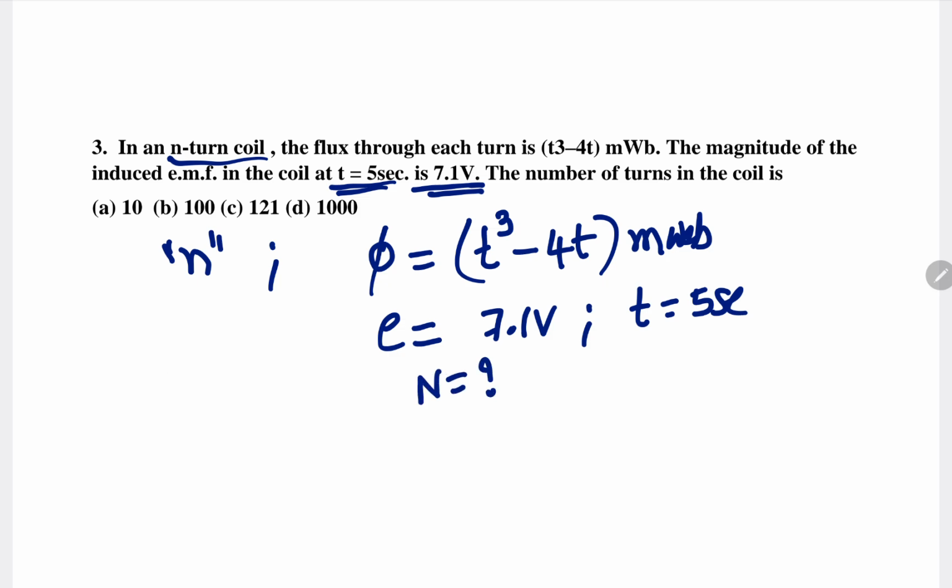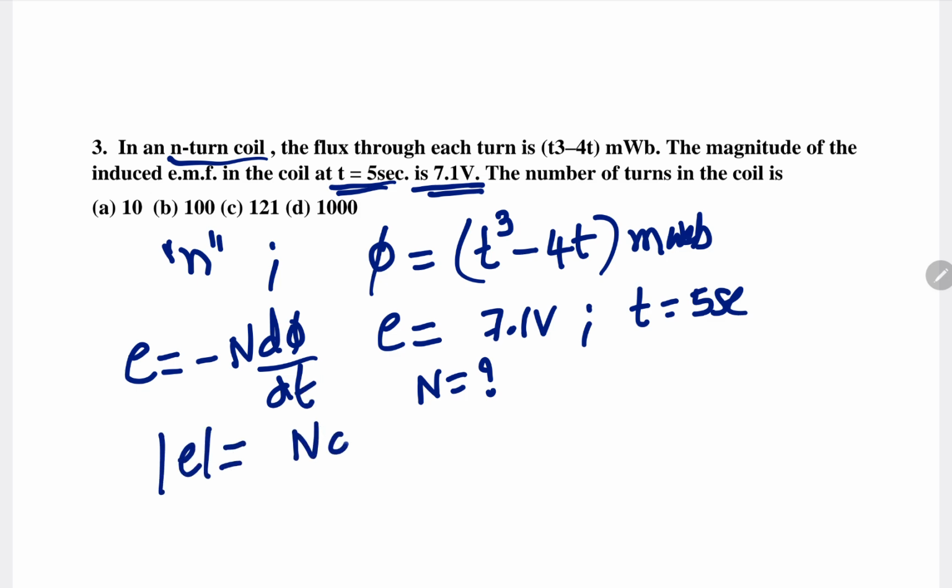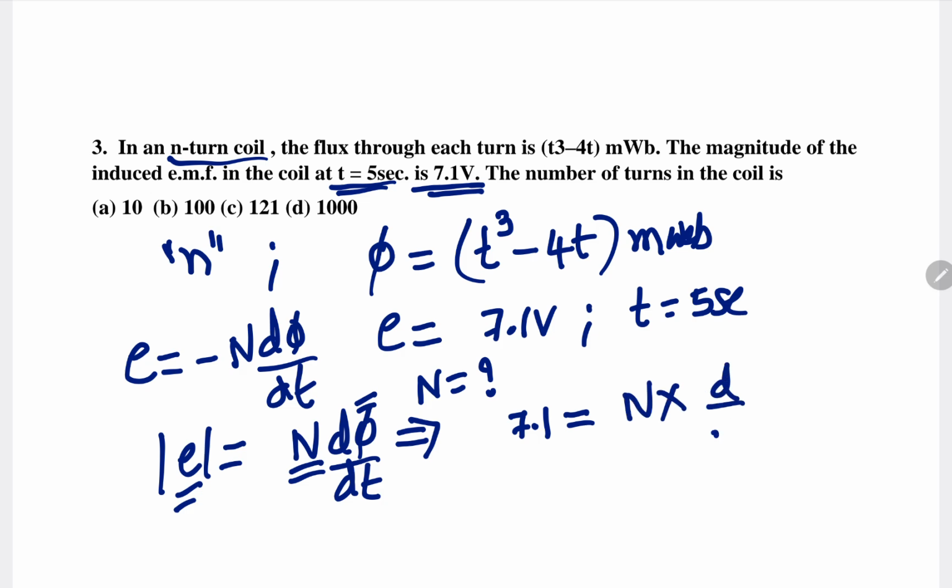So EMF induced in a coil, according to Faraday's second law, is equal to minus n into d phi by dt. But as a magnitude is given, if I take the magnitude, E is equal to n into d phi by dt. So we want to find out the n value. E is given, flux is given. So 7.1 is equal to n, the value we want to calculate, into d by dt of flux, that is t cube minus 4t.